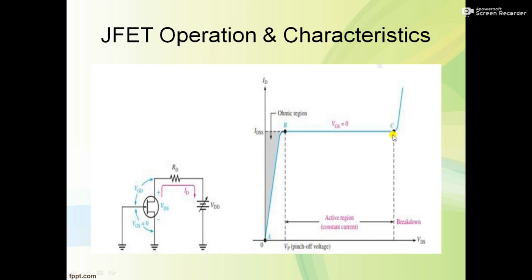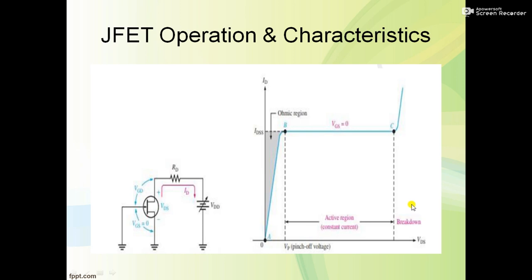And after point C, as the VDS voltage increases, suddenly or randomly the drain current increases. If ID increases suddenly or randomly, at that time the breakdown will occur. The breakdown means the device may be damaged.